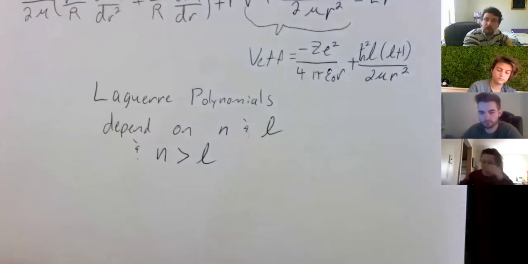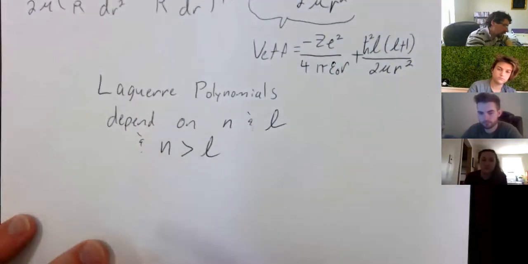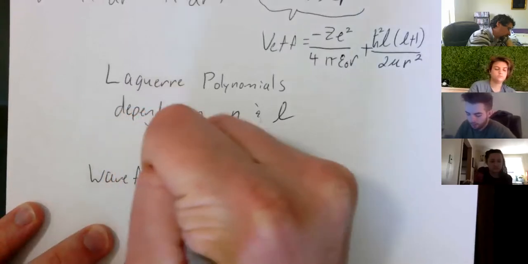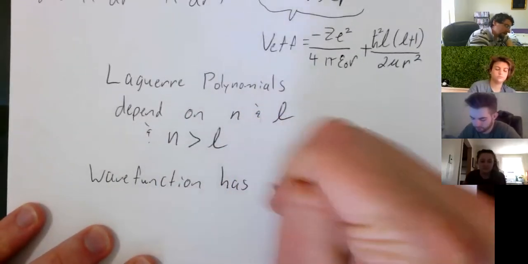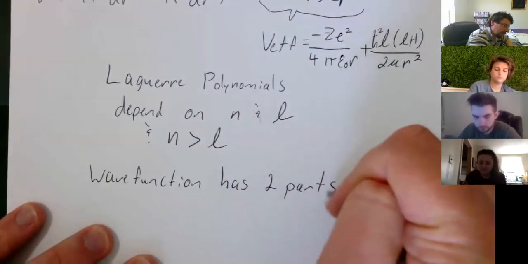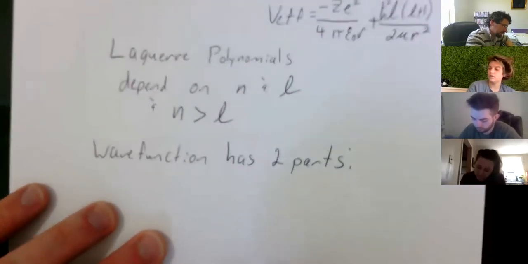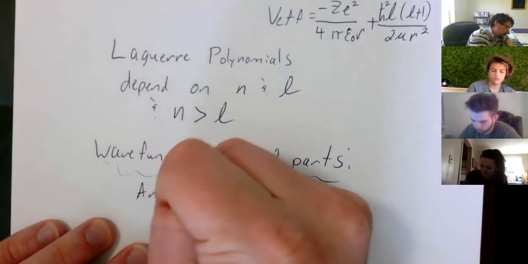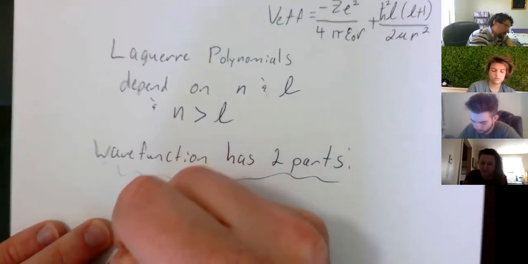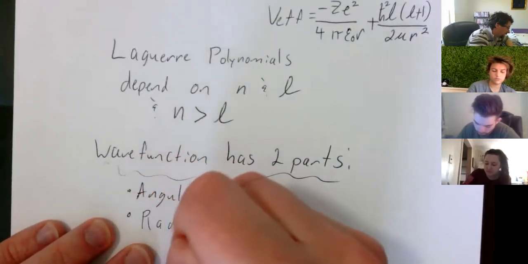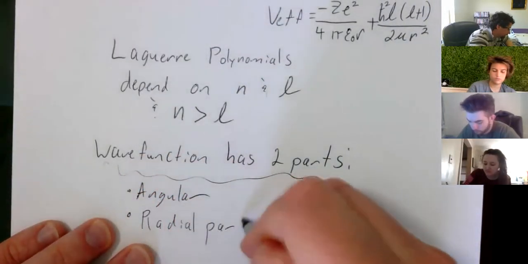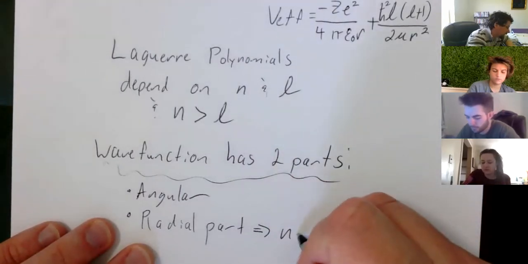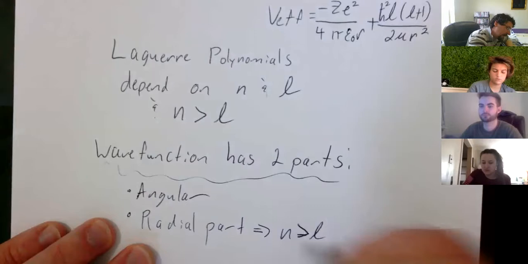And then we said that we can look at the wave function, and the wave function has 2 parts. What were those 2 parts again? Angular and radial. Yep, and the radial part is where n and l matter.